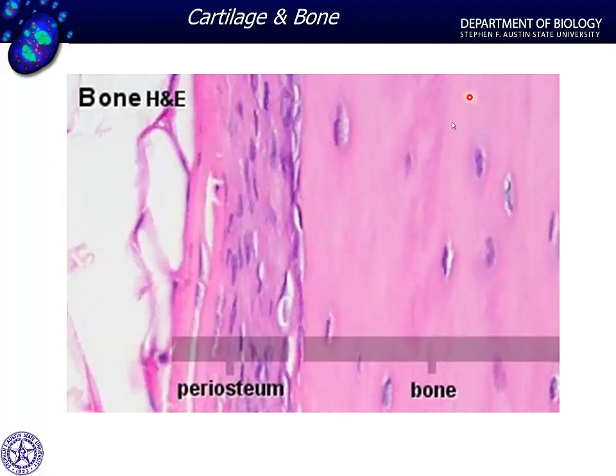So once again, we see our bone, we see our osteocytes present within the cavity, and as we move out toward the periphery, we can see our space, some connective tissue fibers out here. So this portion would be our outer fibrous portion of our periosteum, and this would be the inner cellular portion of our periosteum as we're transitioning from connective tissue directly into bone.